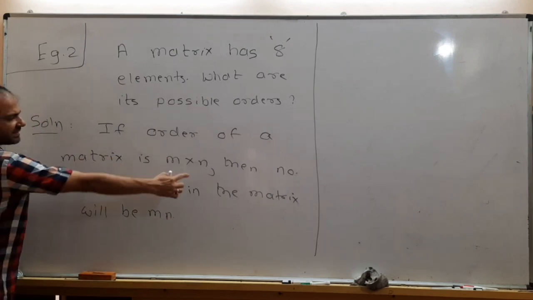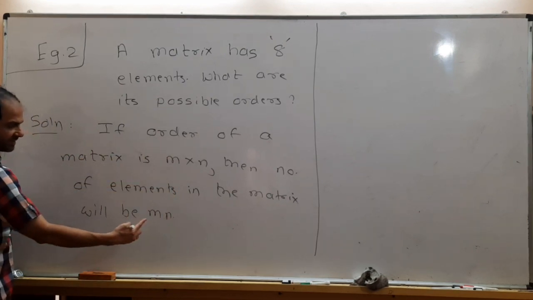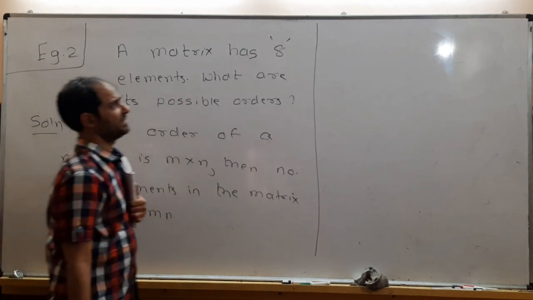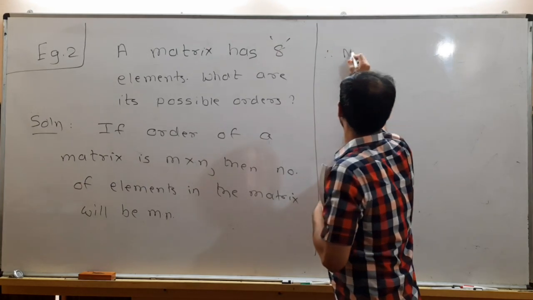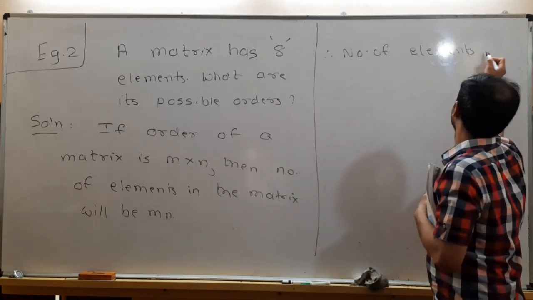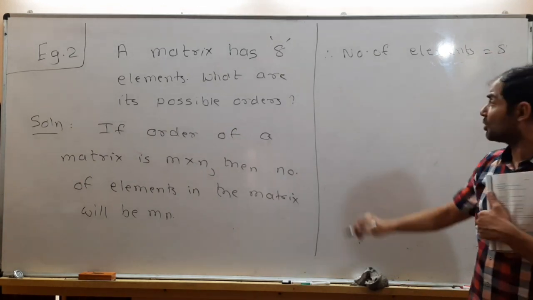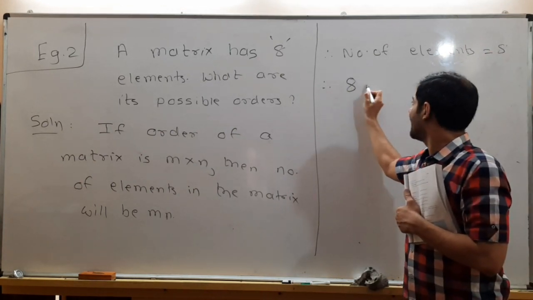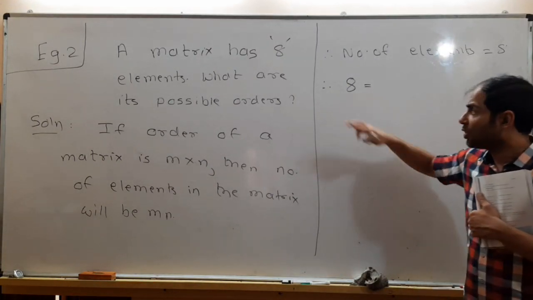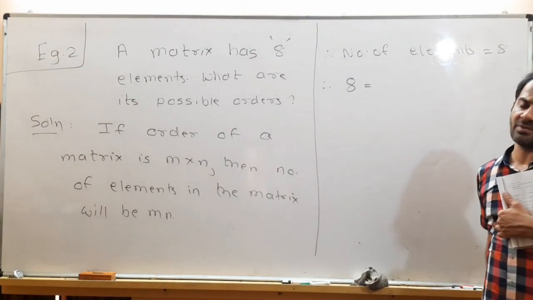So if the order of the matrix is m cross n, the number of elements in the matrix will be the number of rows into the number of columns, that is mn. That we know. So now the number of elements is, what is given? 8. So what I will do is find those factors of 8 whose product will give me 8.